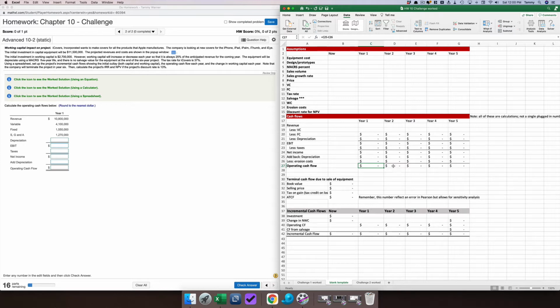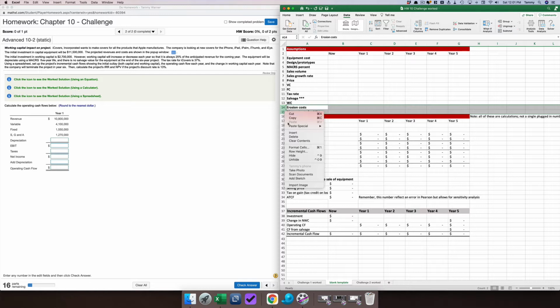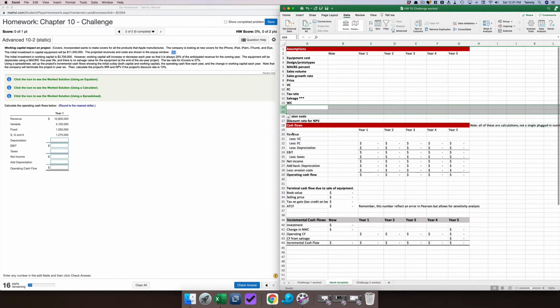Okay, so what I want to do, let's make a couple of extra lines up here in the assumptions area to accommodate our changes in working capital. We'll get to that as we build this model. So the first thing, just enter a couple of lines after where we've got our working capital set up now.